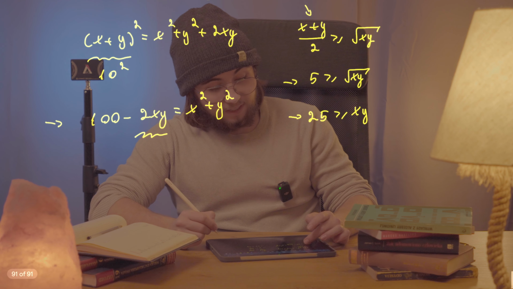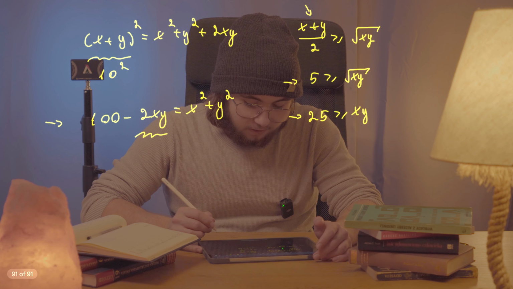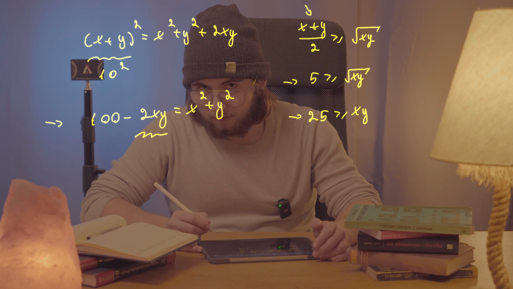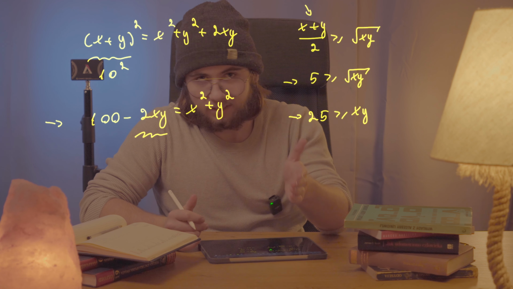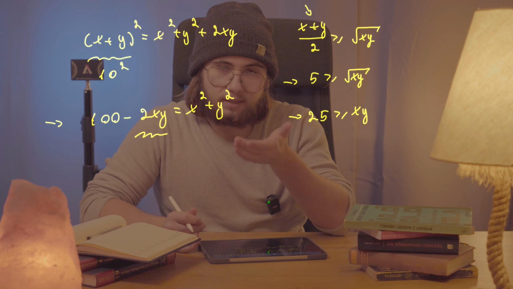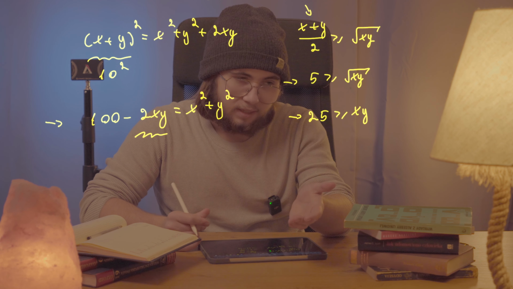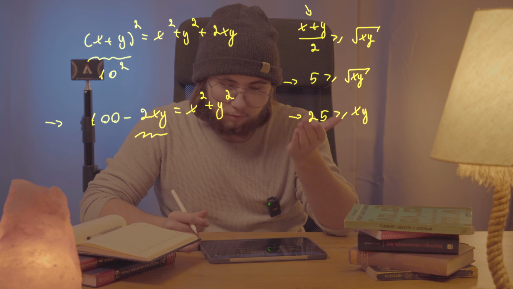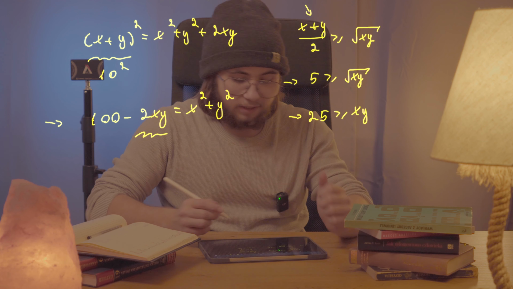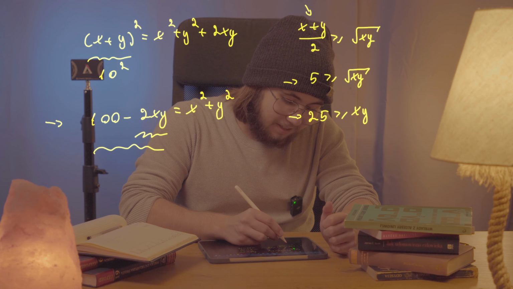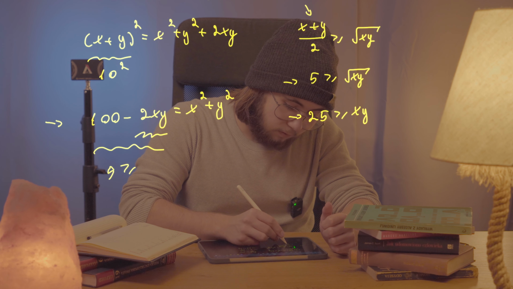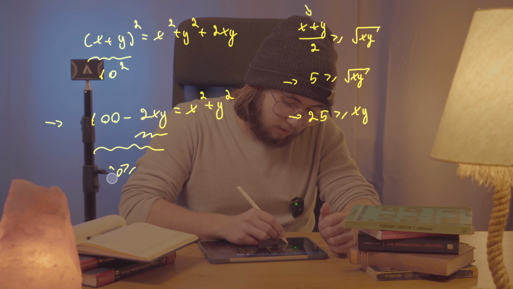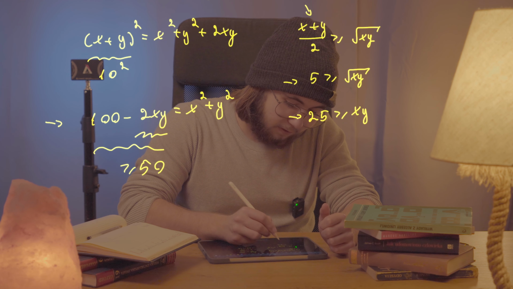And so we see that since 25 is greater than or equal to x times y, then double xy is less than or equal to 50. And so this thing is going to be at least 50.